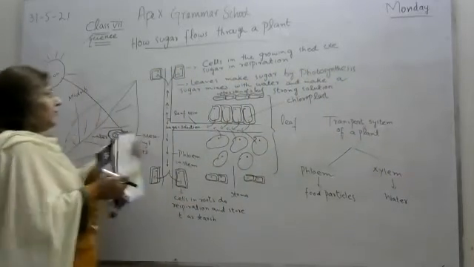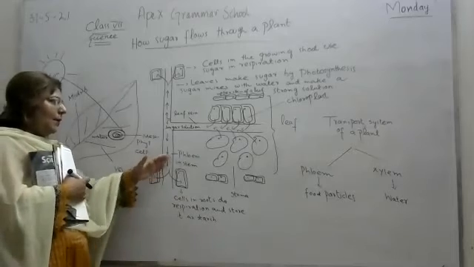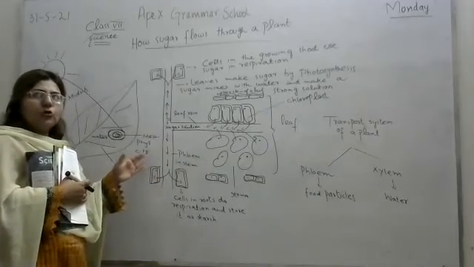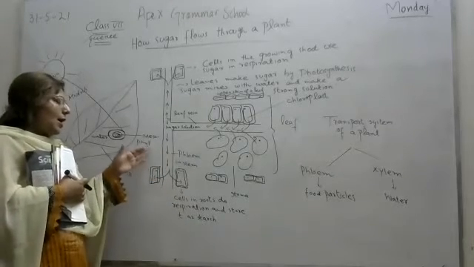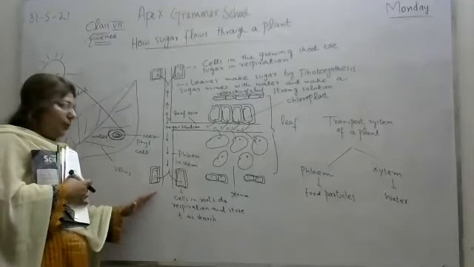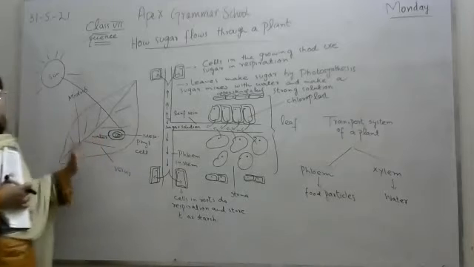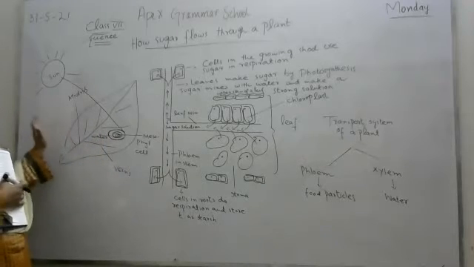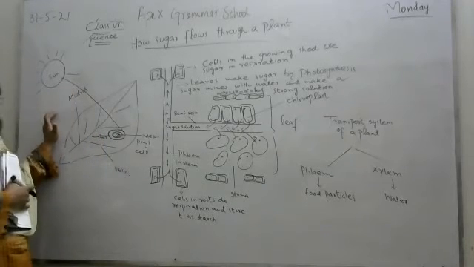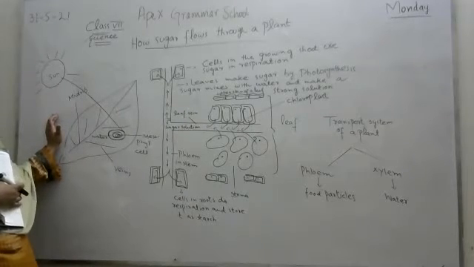Okay. So when we talk about the sugar solution, we know that in the stem, phloem tissues are present. So what is the function of phloem tissues? Actually, they take up sugar solution from the roots in the form of starch and carry it to all aerial parts of a plant. So keep in mind how sugar flows through a plant; this topic is very important because it is relevant to the transport system of a plant.